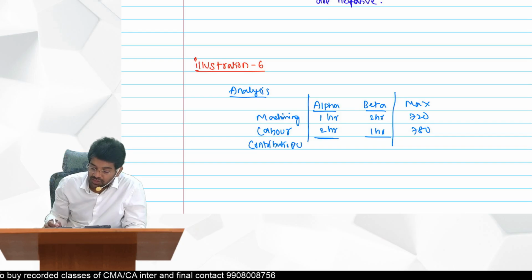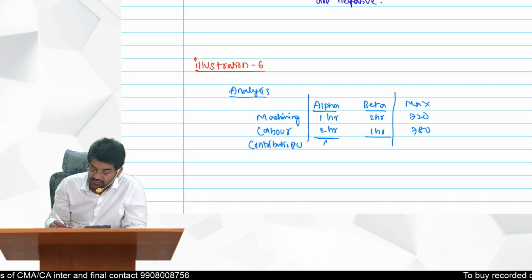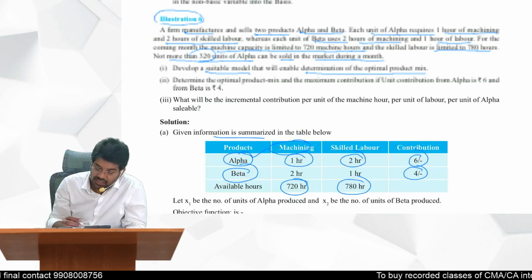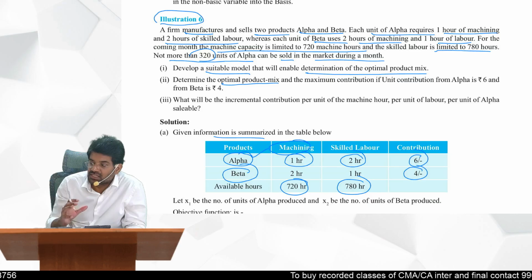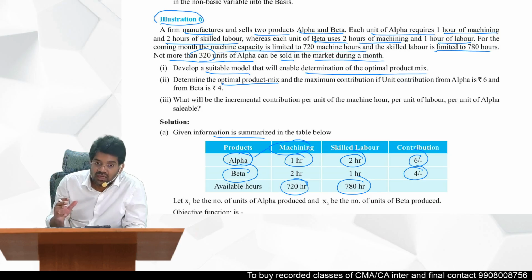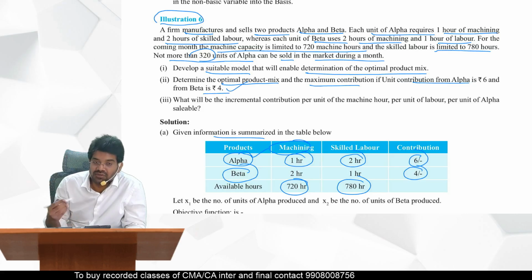What is the contribution per unit they have given is 6 and 4 in the question. You see in the question here what they have given is, determine the optimal product mix. Optimal product mix means how many units of alpha and beta to get the maximum contribution if unit contribution from alpha is 6 and beta is 4. So objective is maximization.